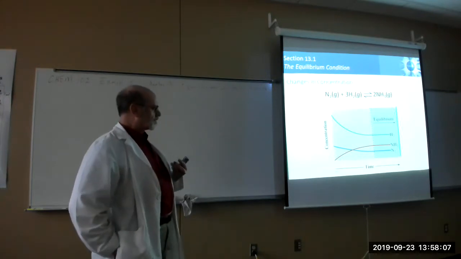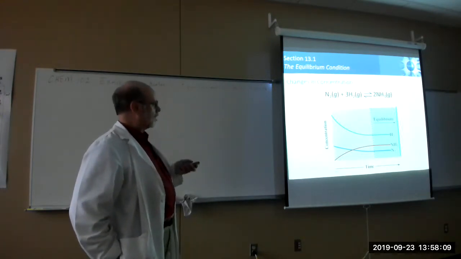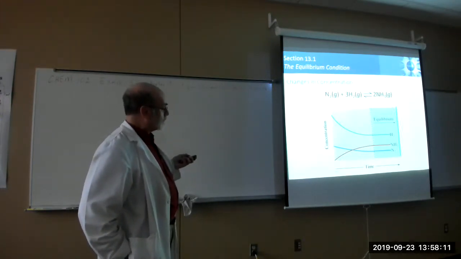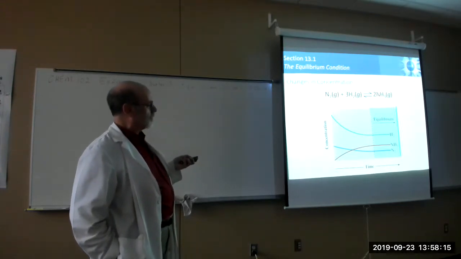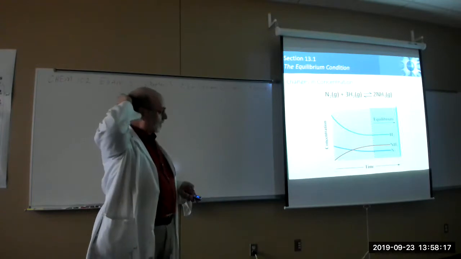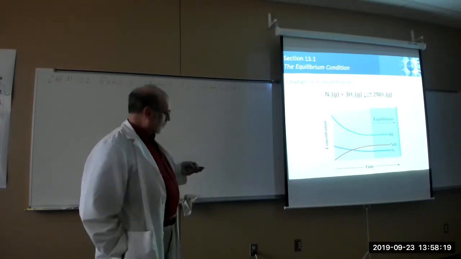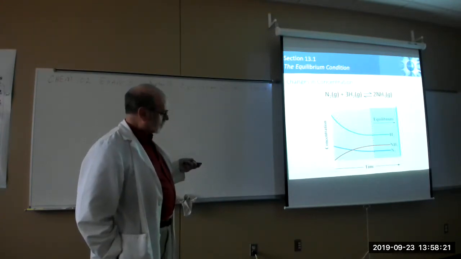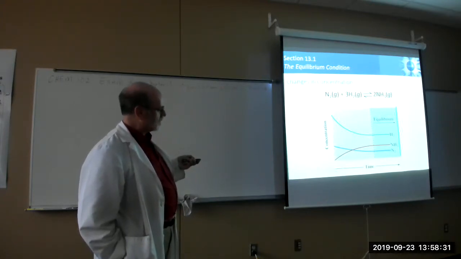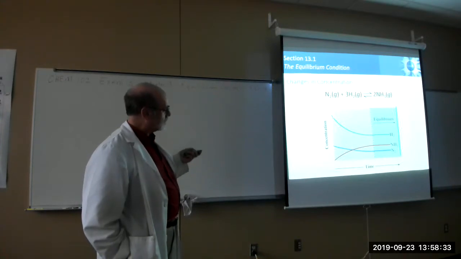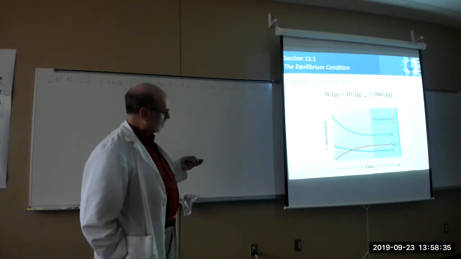So this is what it looks like for this particular reaction, where we have nitrogen gas and hydrogen gas combining to form ammonia. So at time 0, we have no ammonia formed. It's 0 concentration. We have a little bit of nitrogen. Based on the balanced equation, we have 1 mole.